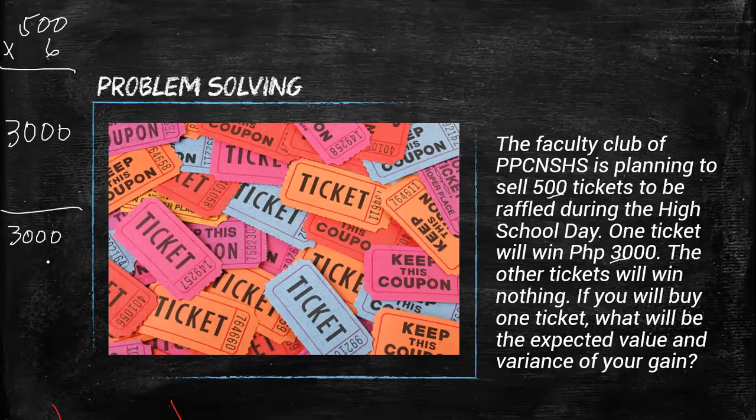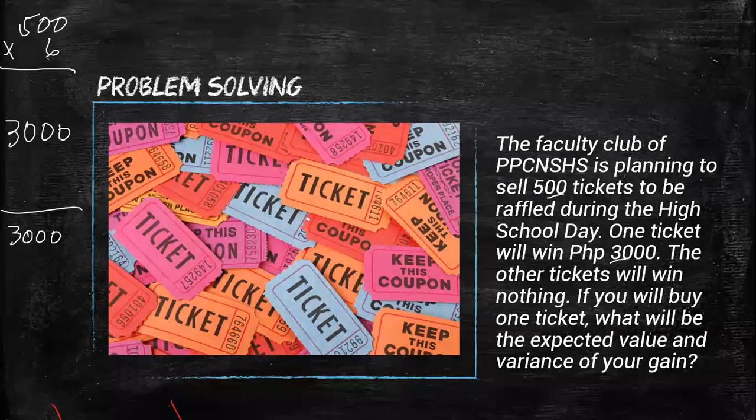Ngayon, ang prize natin is 3,000. Kung ako si faculty club president, hindi ako magpapapresyo ng 6 pesos na ticket, kung 3,000 and winner takes all. Dahil ano nga ba yung purpose natin bakit tayo nagbebenta ng ticket? 'Di ba? Para kumita. Kasi may cost tayo. Kailangan natin na magkaroon ng income generating project.